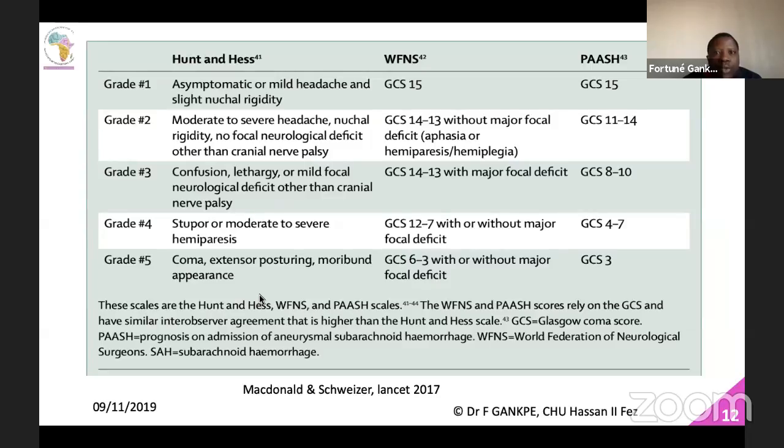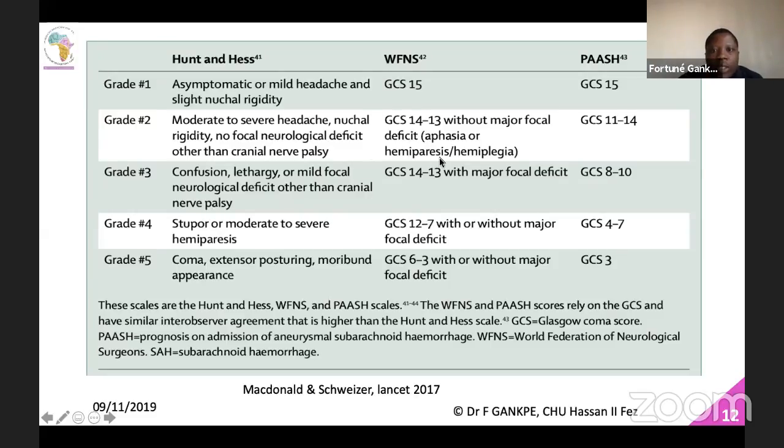On this slide, I want to show you the different grading systems we find in the literature: Hunt and Hess, WFNS, and also PAASH. But in our hospital, we just use the WFNS grading system. WFNS grade 1 means the patient comes with a headache and the GCS is 15.